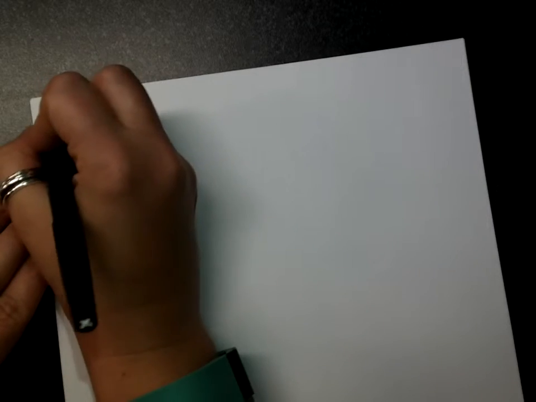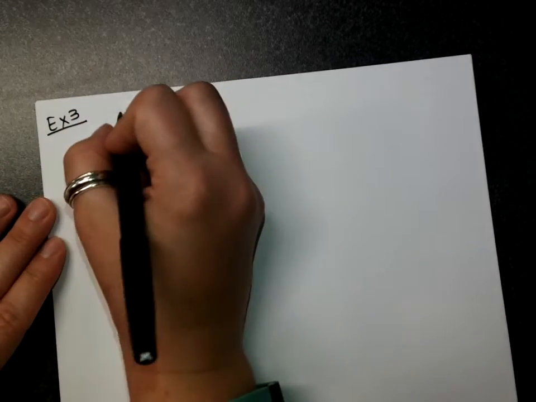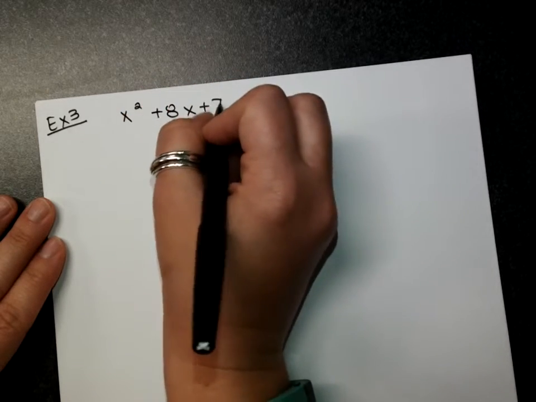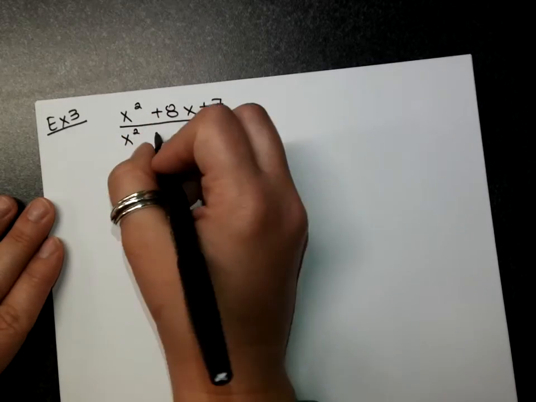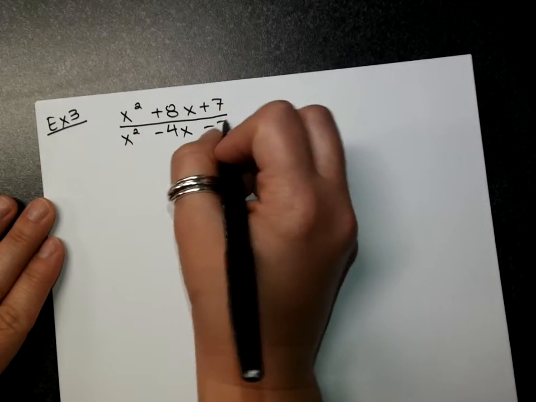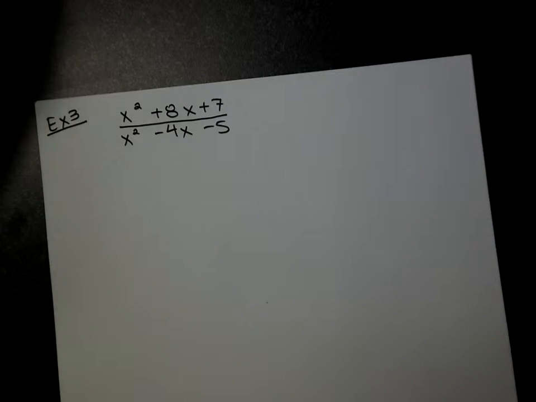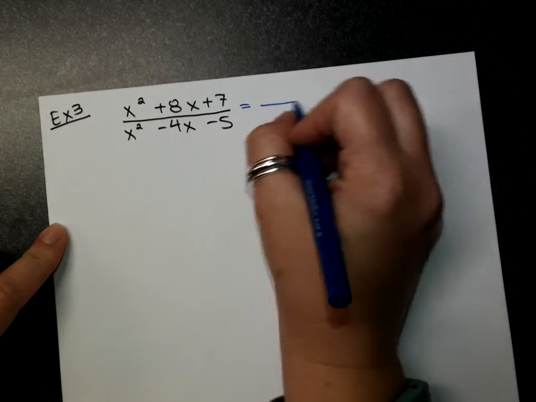This is example 3. We have x squared plus 8x plus 7, a trinomial, divided by x squared minus 4x minus 5, another trinomial. So here you should notice right away that we have a trinomial on the top and a trinomial on the bottom.